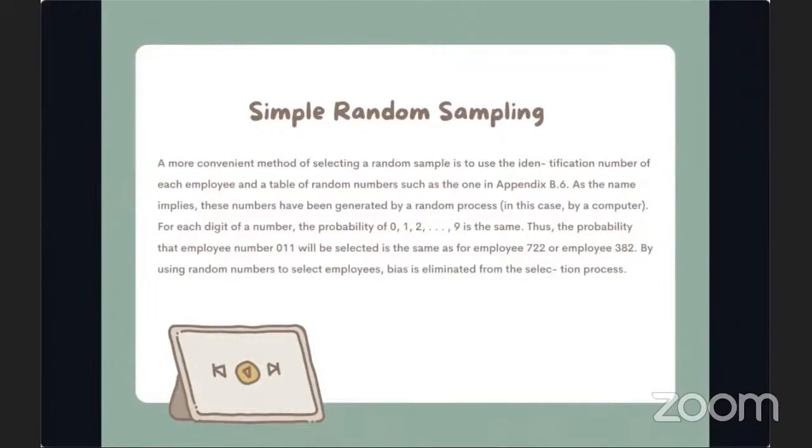For each digit of a number, the probability of 0, 1, 2, up to 9 is the same. Thus, the probability the employee number 011 will be selected is the same as for employee 722 or employee 382. By using random numbers to select employees, bias is eliminated from the selection process.